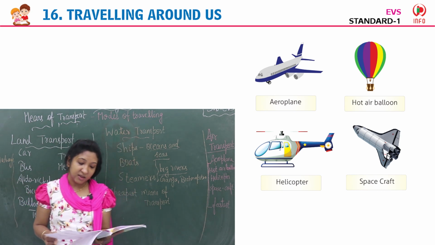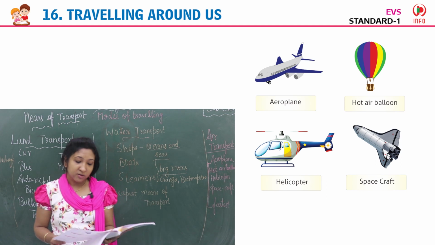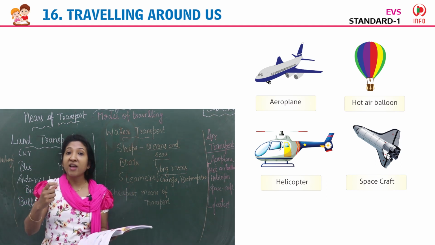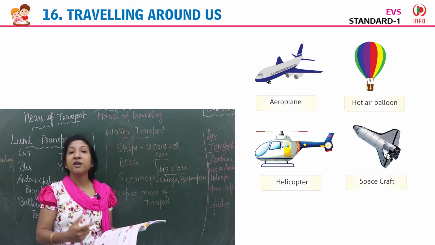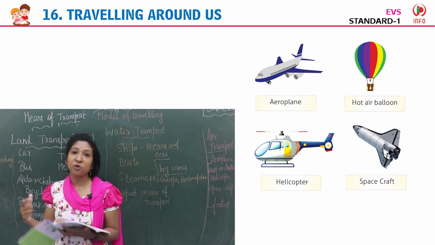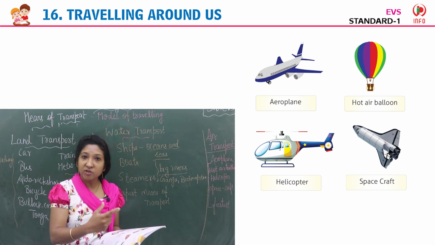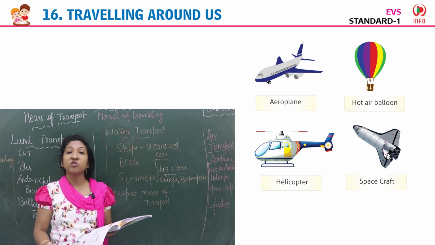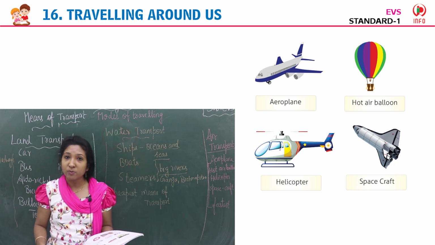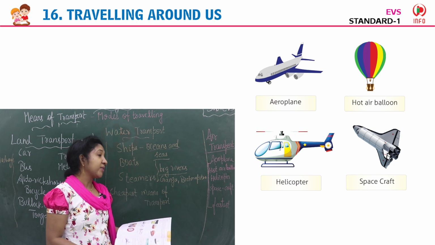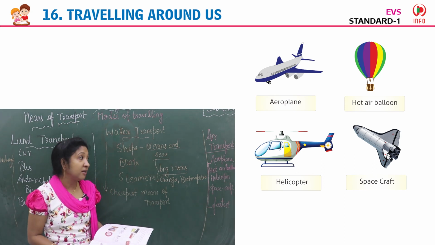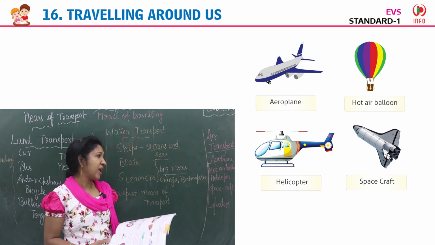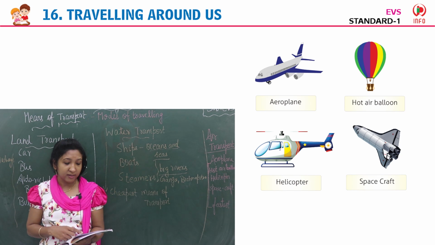So air transport made this world so small because we can travel to any part of the world by aeroplane. Within the country we can travel from one city to another city, and to another country also we can travel by aeroplane. Air transport examples are aeroplane, which is the fastest means of transport, then we have hot air balloon, helicopter, spacecraft and all.